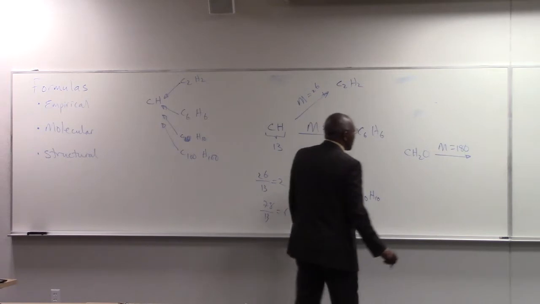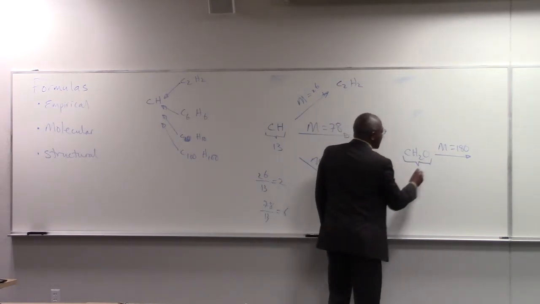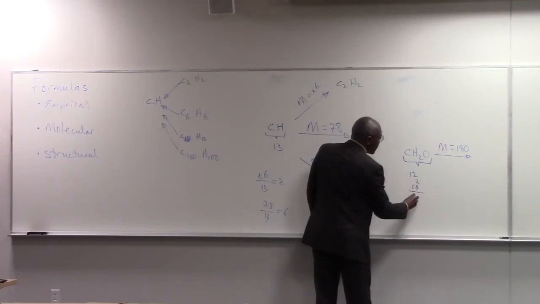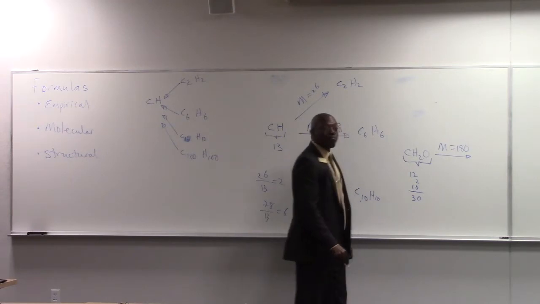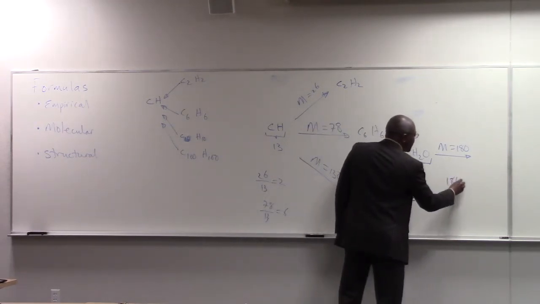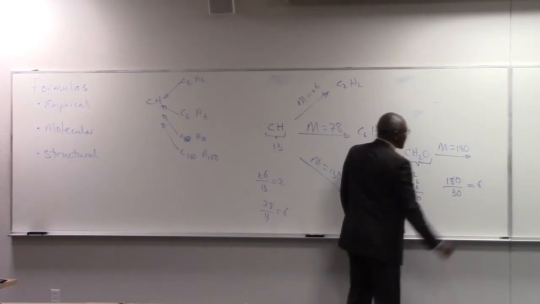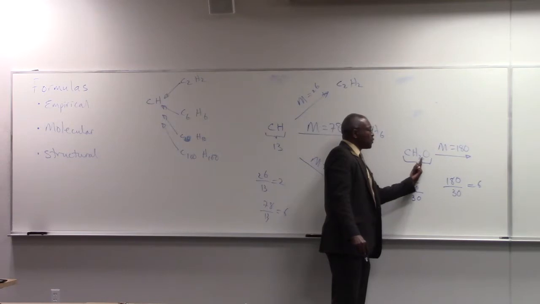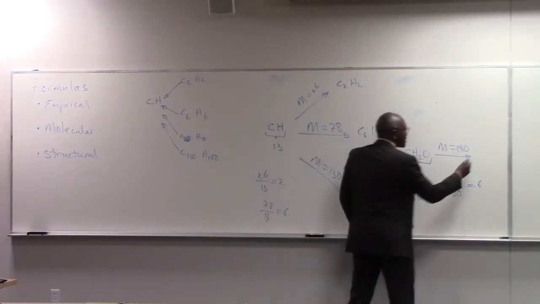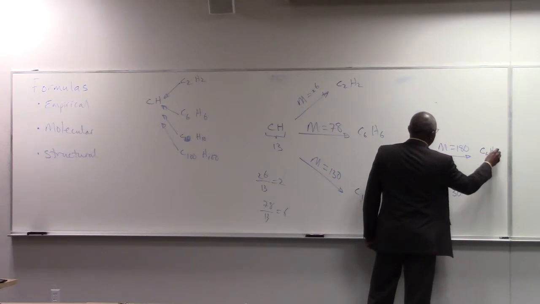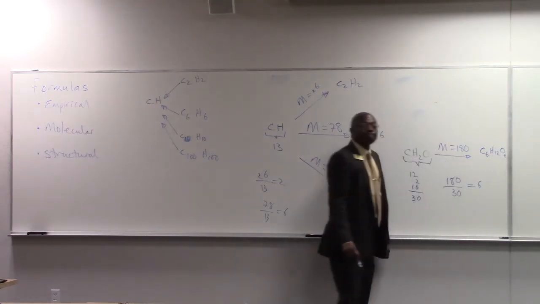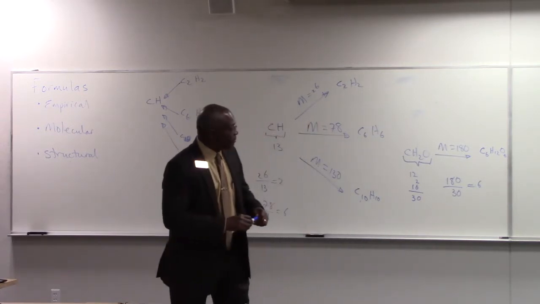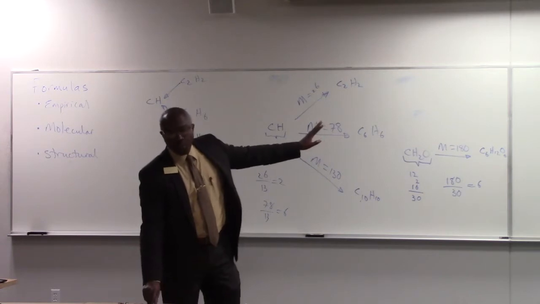So you will say the mass of the formula unit is 12 for the carbon, 2 for the hydrogen, 16 for the O, that's 30. How many 30s are in 180? 6. So I'm going to multiply each of these, the 1, the 2, the 1, the 1s are understood, by 6, and my molecular formula is C6H12O6. Okay? So we can move from molecular to empirical formulas, and from empirical to molecular formulas with the molar mass.